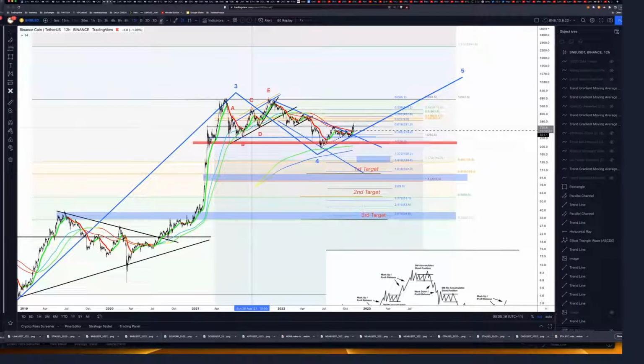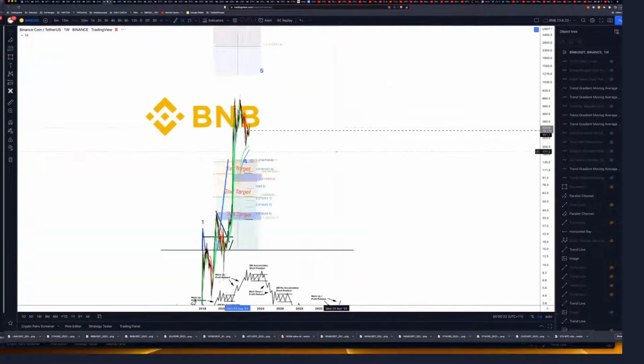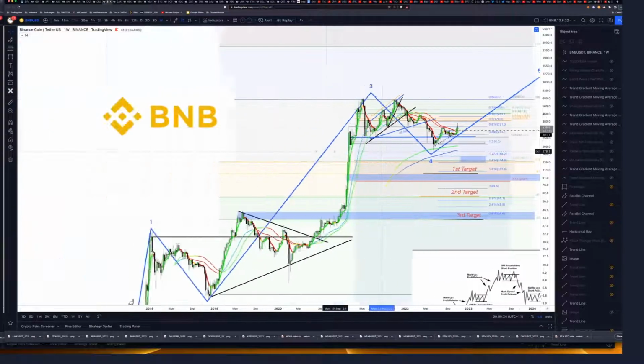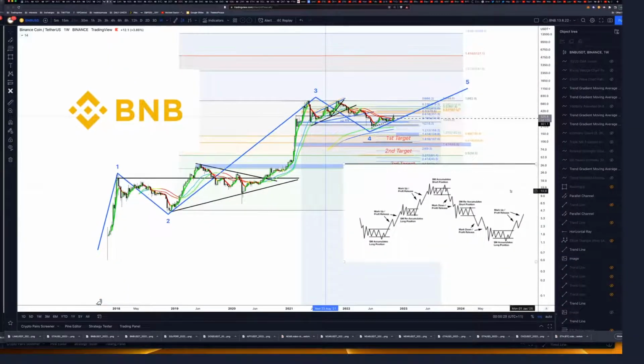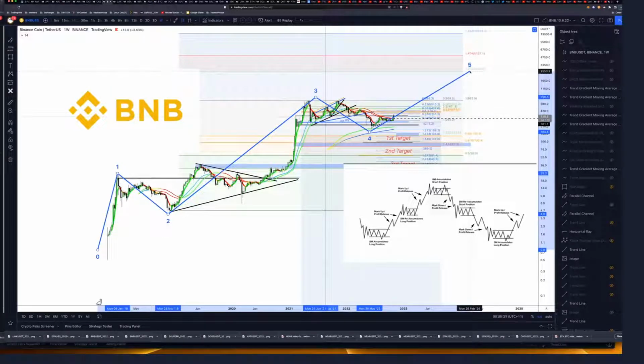Let's go weekly. Macro wise, I think this is wave 3, 4, and again wave 5, potentially. I think the target is like 2,500, to tell the truth.